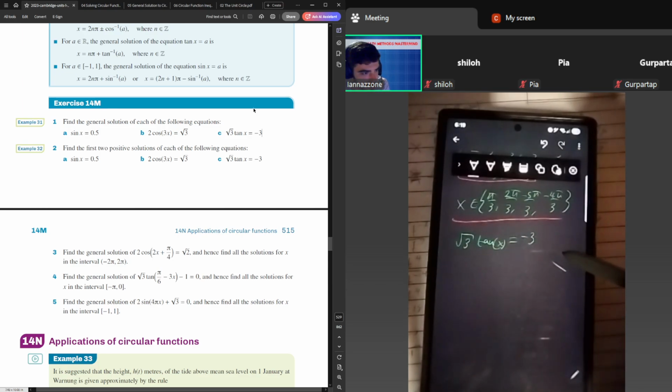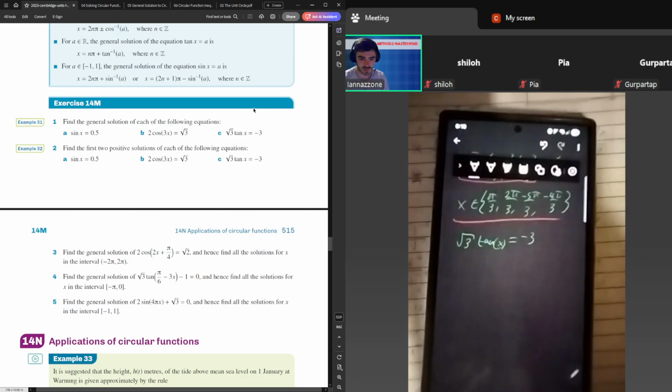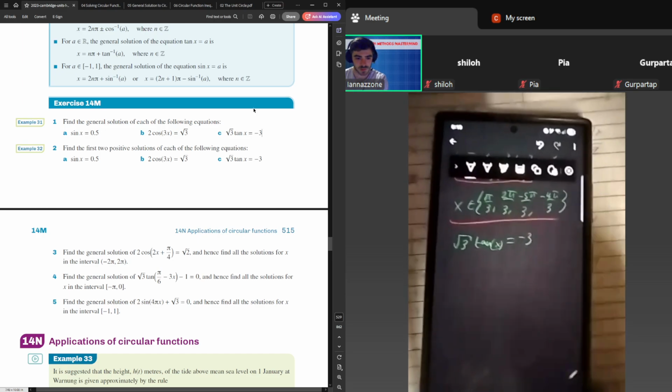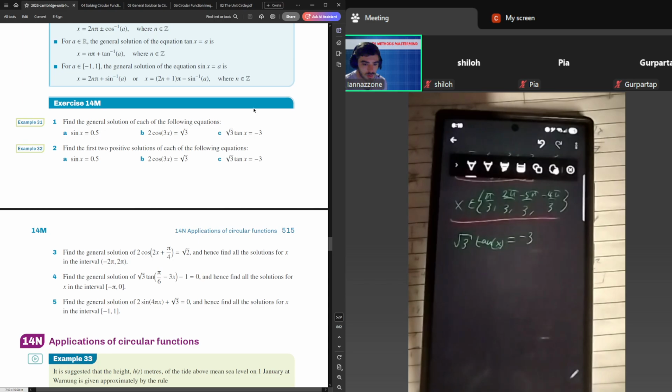This will probably be a bit of a test. So remember, we're doing general solution here. There's not going to be a domain associated. Have a think about it. What could we do to start this one off?